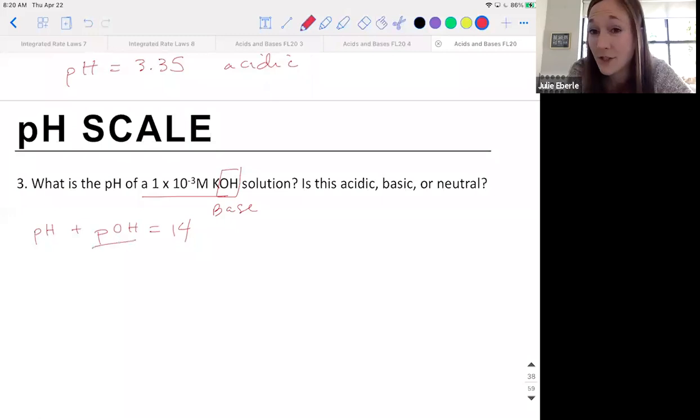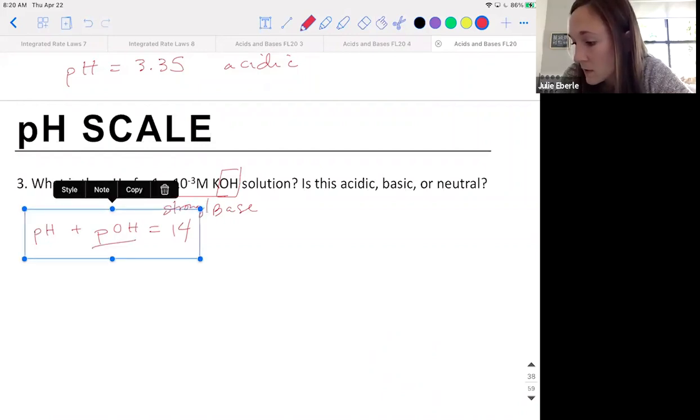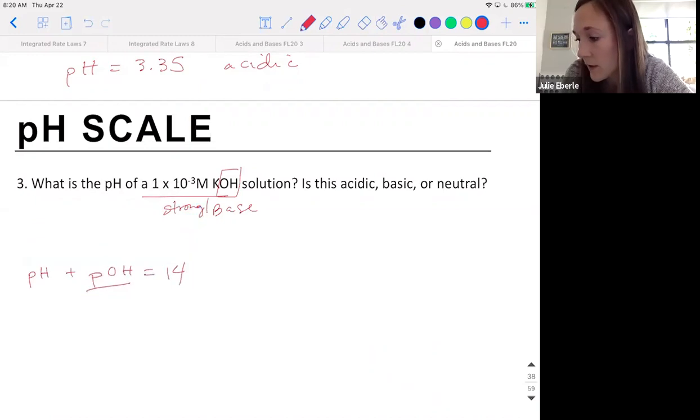Could we get pOH? Okay, so knowing that this is a very strong base, yeah, we can do the negative log of OH to get pOH.